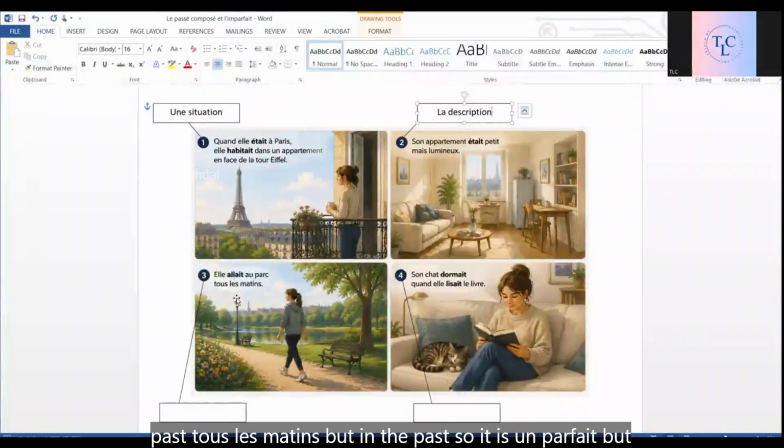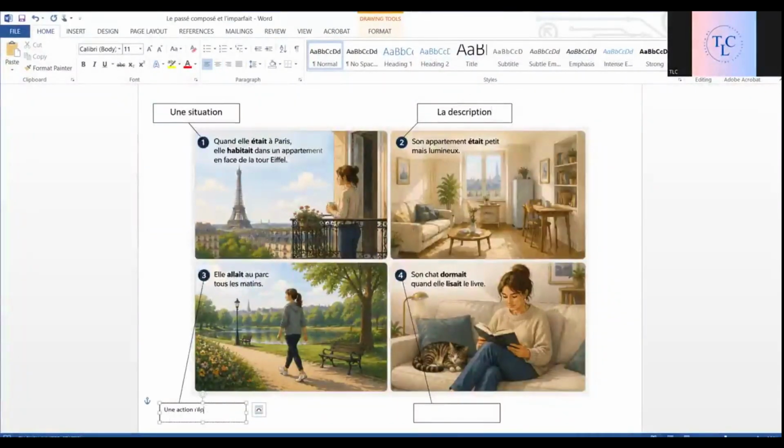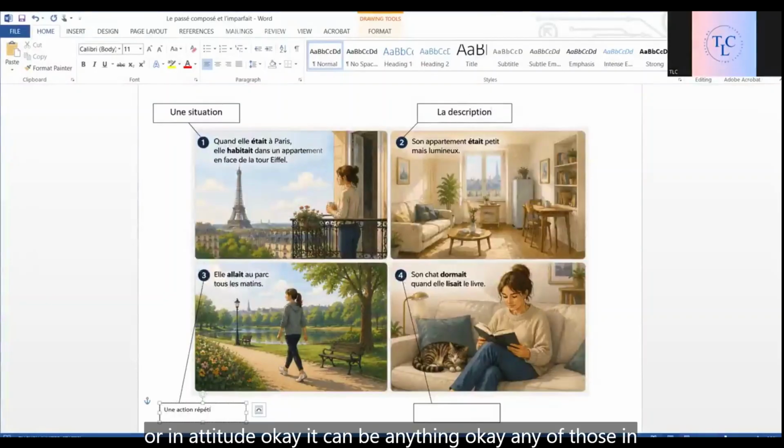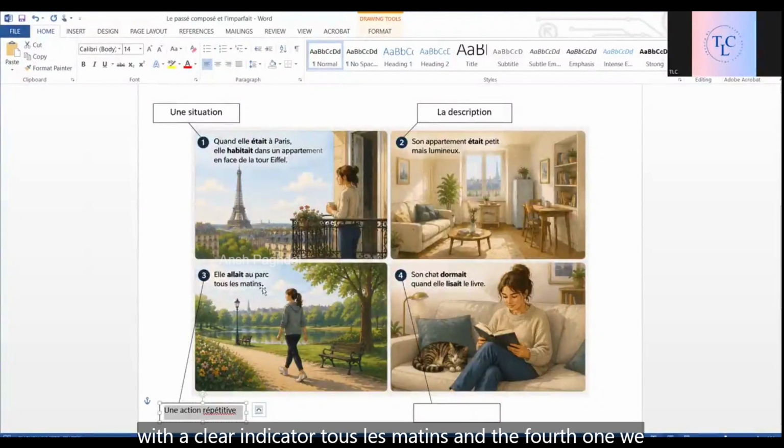So it is imparfait, but why? Because it's une action répétitive, or une habitude. Okay, you can say une action répétitive, or une habitude au passé, with a clear indicator, tous les matins.